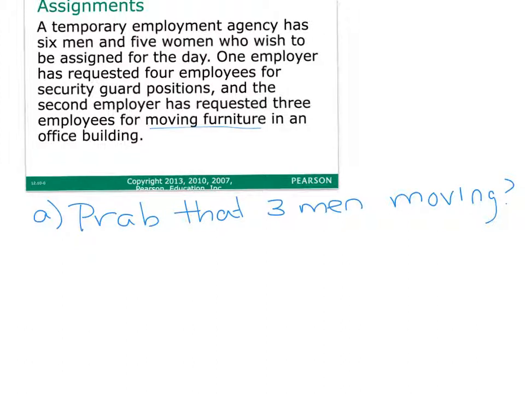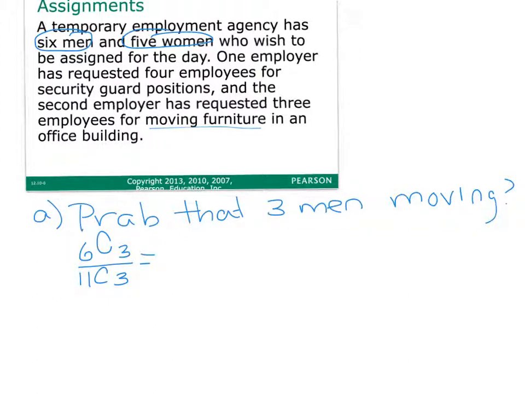So in this situation, your agency has 6 men. So all the possible ways to select 3 of them would be 6 combination 3. Your agency has 6 men and 5 women. That means your agency has 11 people. So the total number of ways to select 3 people would be 11 combination 3.